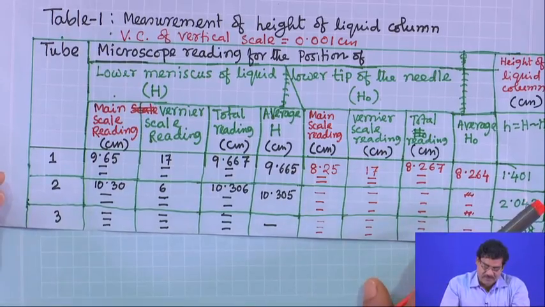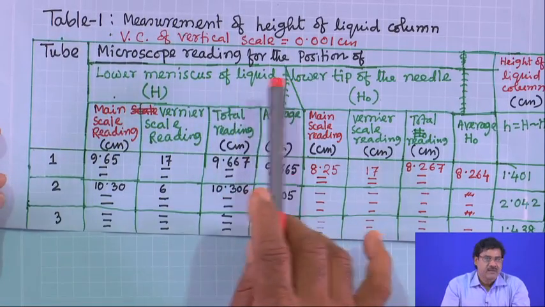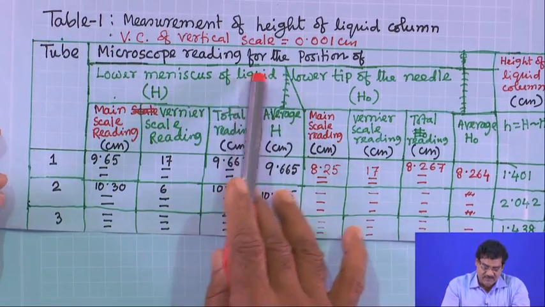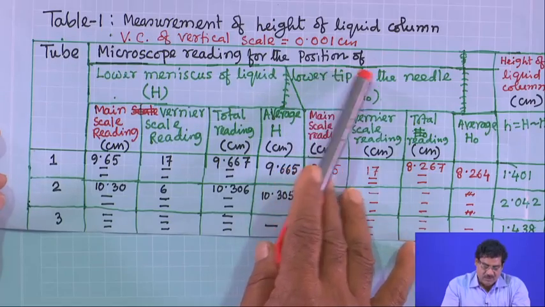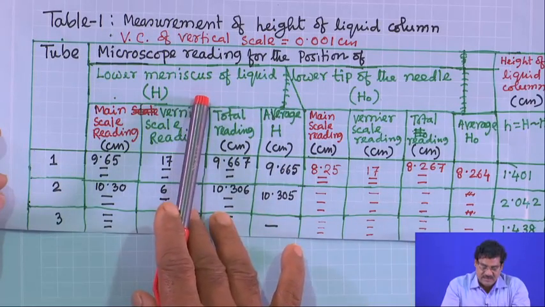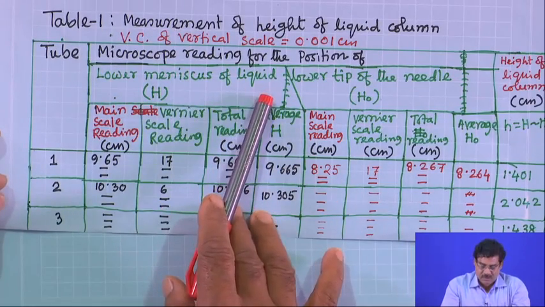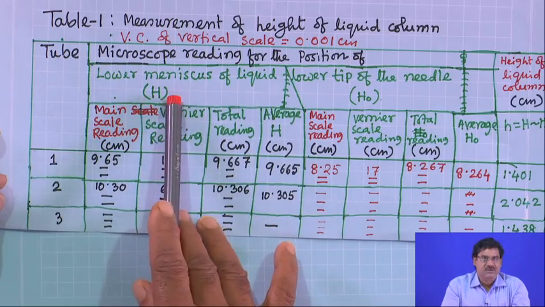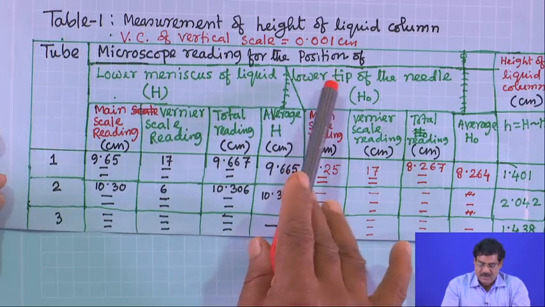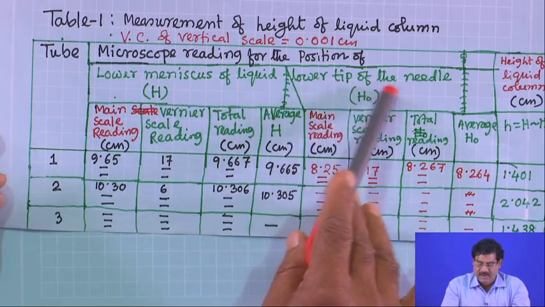We have to take the microscope reading for the position of the lower meniscus of the liquid, say H, and the lower tip of the needle.